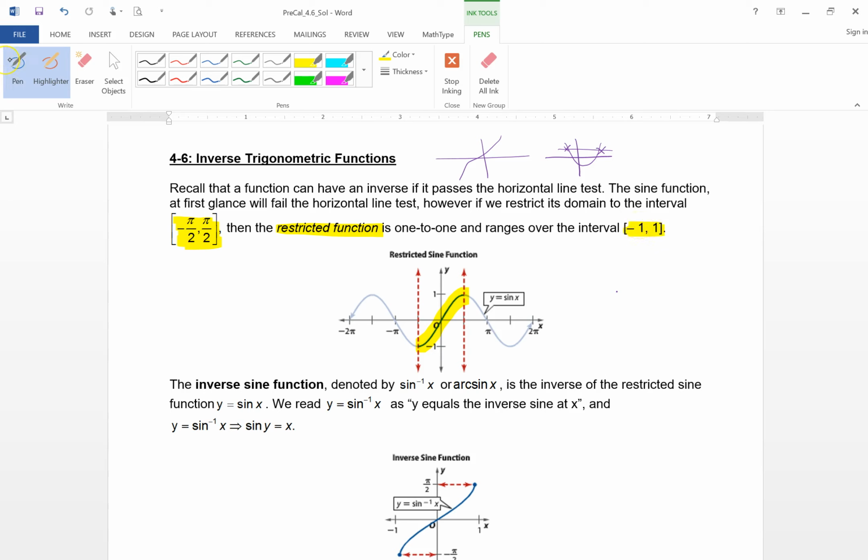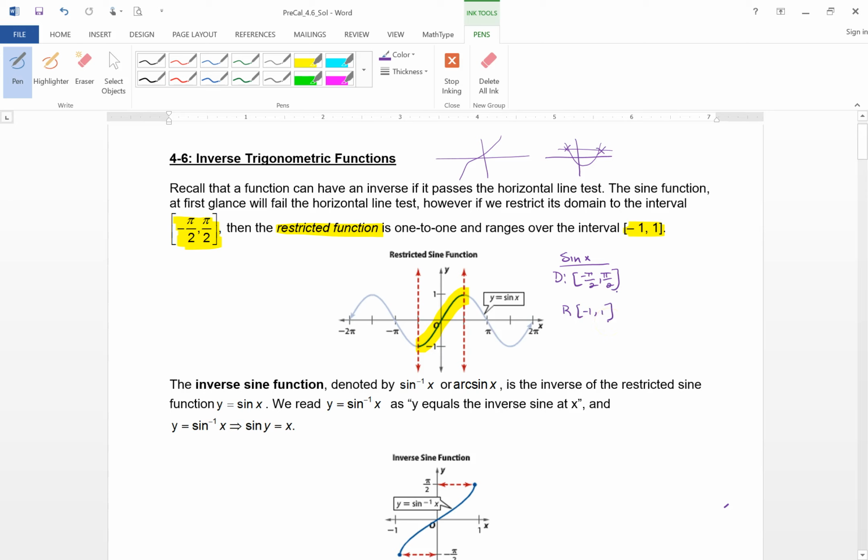So let's just think about this for a minute. For the sine function, we just restricted the domain to go between negative pi over 2 to pi over 2. And the range, we said, goes between negative 1 and 1. Okay?